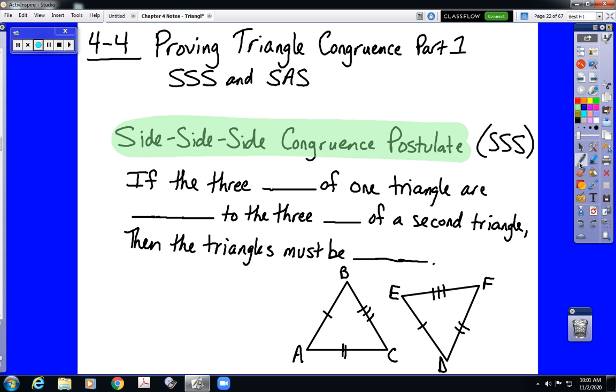What it says in words is if the three sides of a triangle are congruent to the three sides of a second triangle, then the triangles must be congruent.